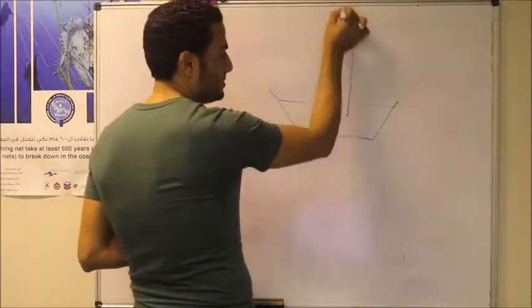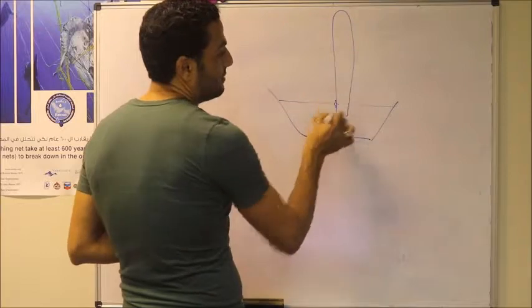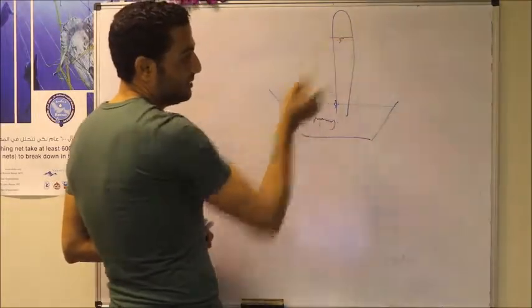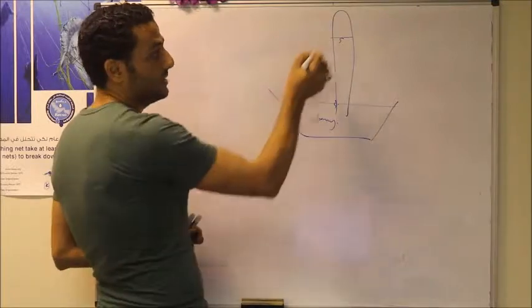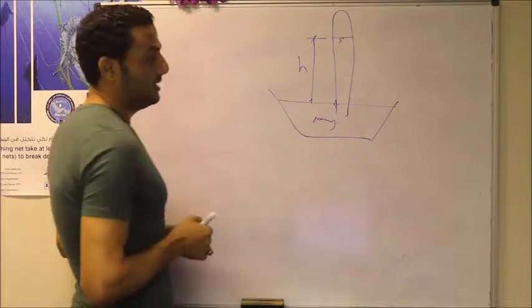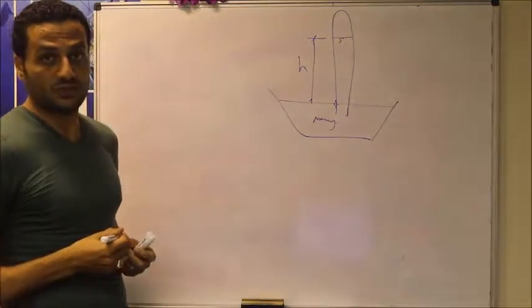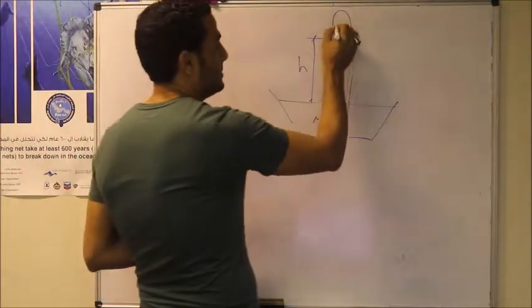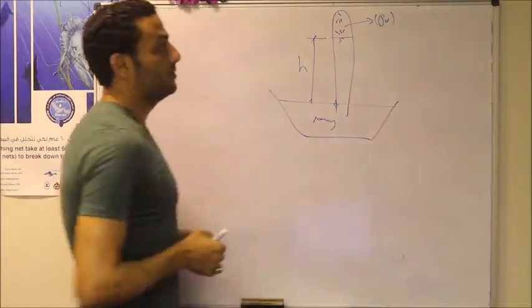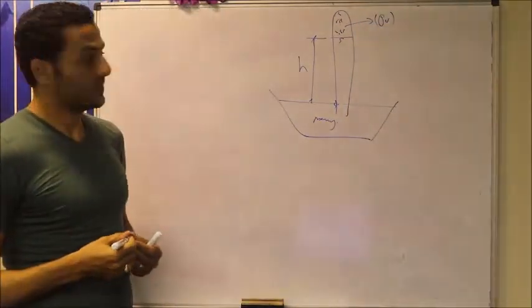At steady state, you will find the mercury level inside this tube stopping at a certain height h, which balances the atmospheric pressure, and some mist or vapor of mercury will be created in this free zone.